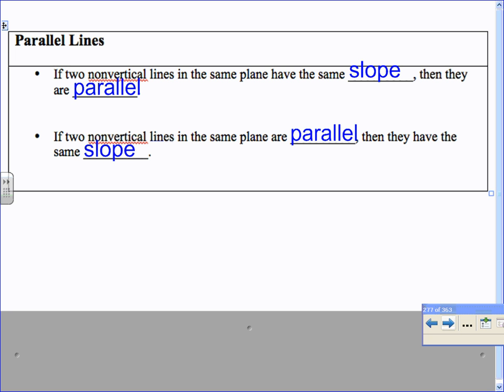Your book is just really trying to emphasize that parallel lines always have the same slope, every single time. Annalise? They can, but they're not functions. So that's why they say non-vertical. Yeah. And you won't ever see vertical lines that are parallel.